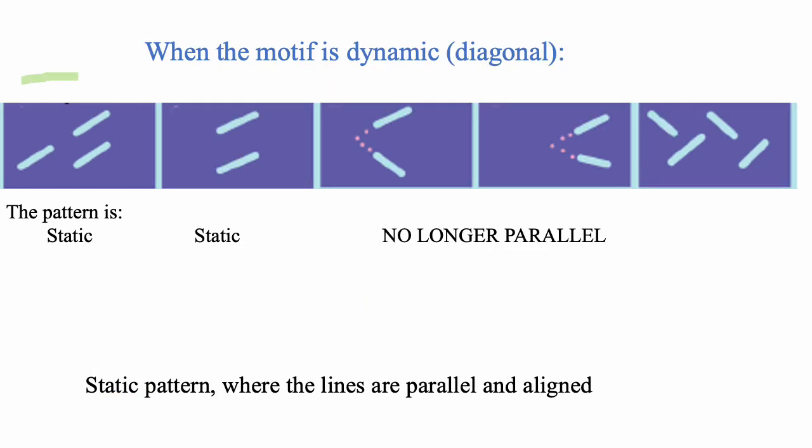These three diagonals are equal in length, width, and direction. And they're in a static pattern where these form a line, and these are actually vertically oriented, although that's less obvious. Now let's take this static pattern of diagonal motifs and change one of them.